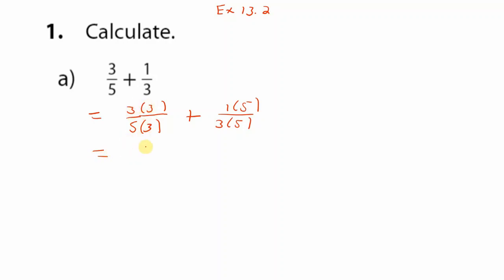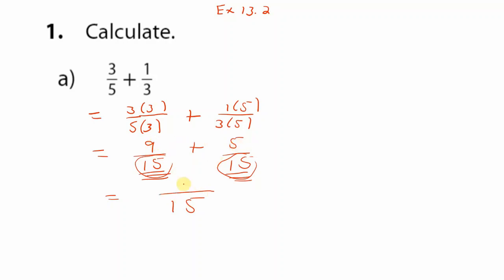So 3 times 3 results in 9. We know already we will have 15 at the bottom. 1 times 5 is 5. Again, we know we will have 15 at the bottom. Now, since the bottom portions are the same, we can add the tops.